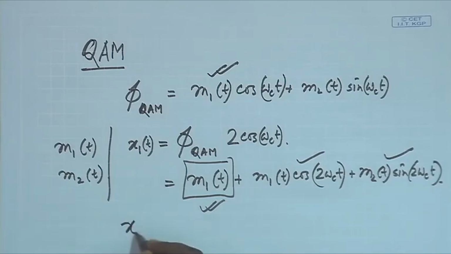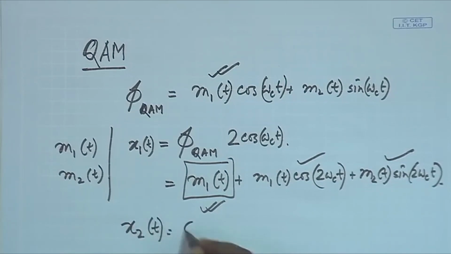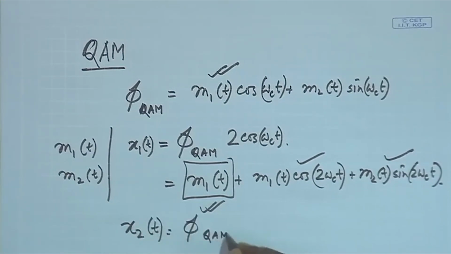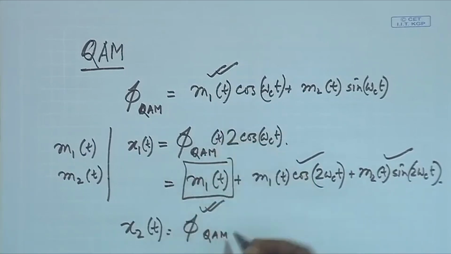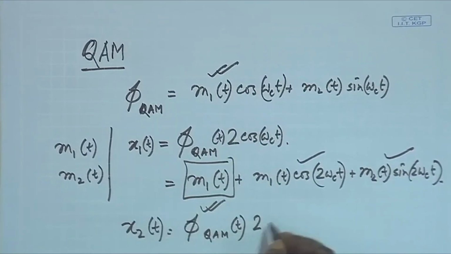So, if I produce x2(t), which is φQAM(t) into 2 sin ωct, now what will happen?